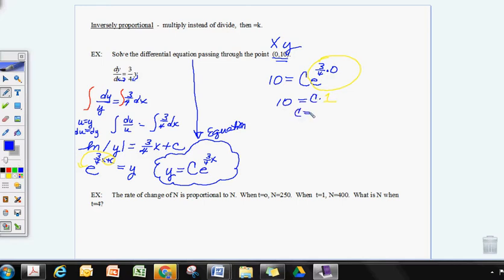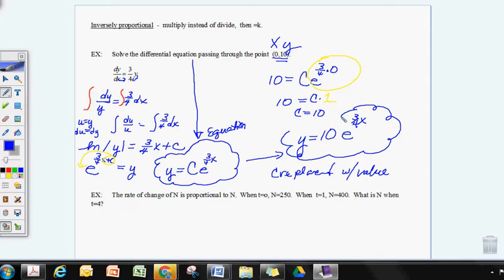C equals 10. So now my new equation is actually y equals 10 e to the 3/4 times x power. Notice this has the c replaced with the value. Very similar to the front, but now just taking it to the next level. So this one is my true final answer.